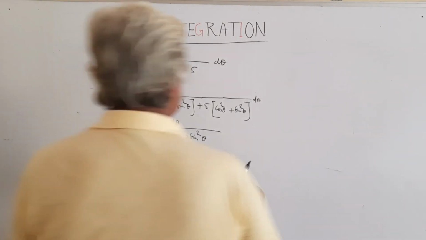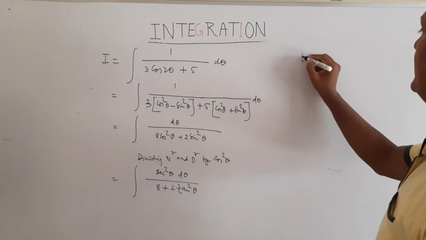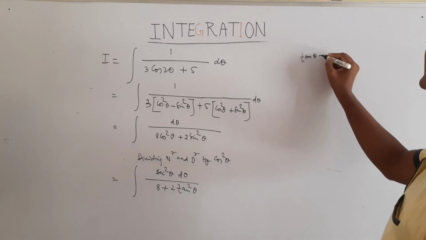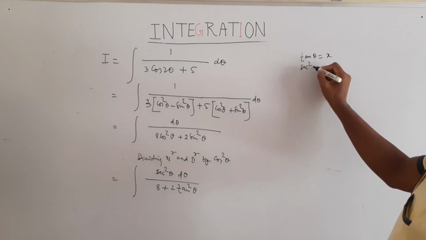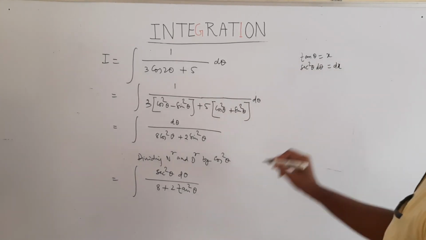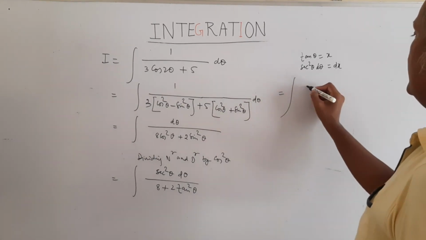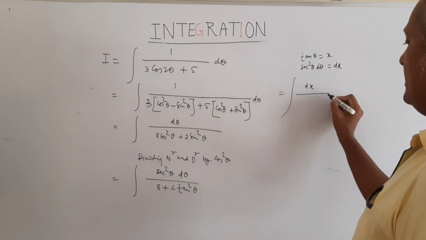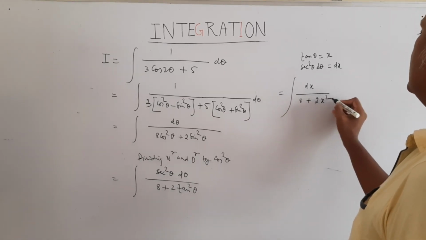Now you see this form is suggesting something, and what is the suggestion? That if you let tan theta equal x, then sec square theta d theta is dx. So our integral now becomes dx over 8 plus 2x square.